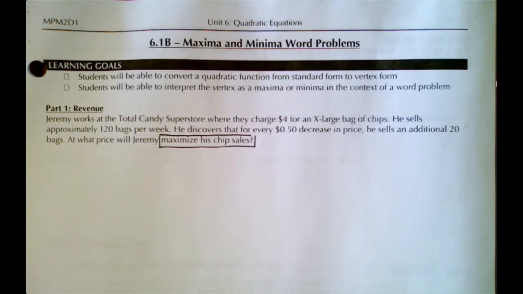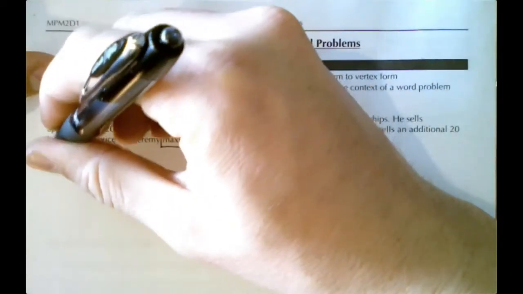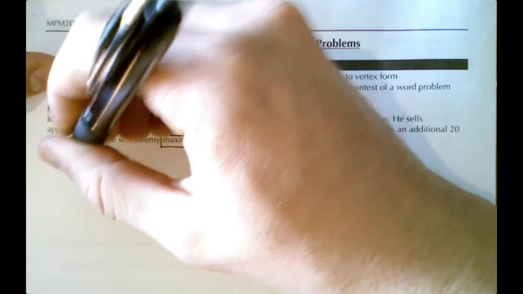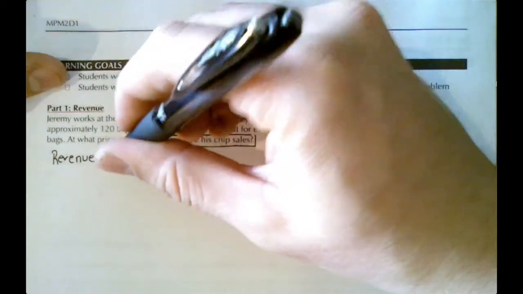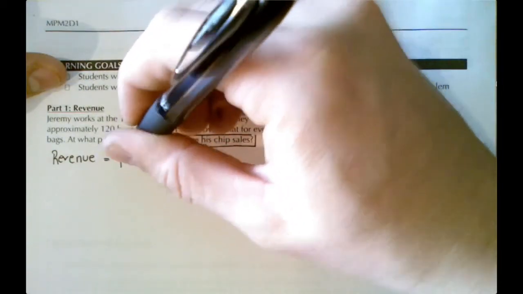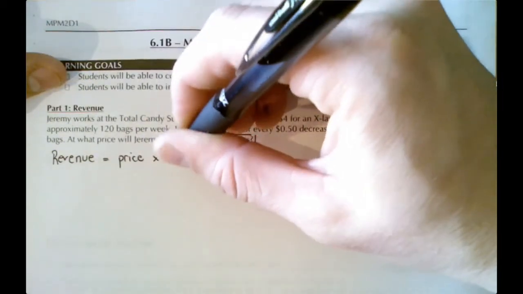A revenue equation has 2 parts. Your revenue, in words, is always going to equal your price times your amount sold.